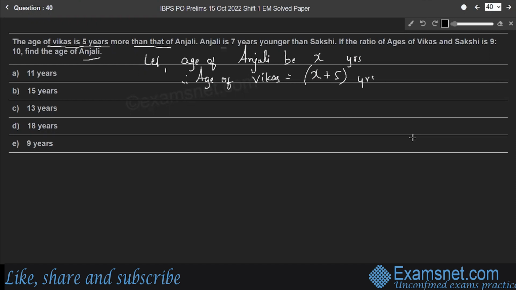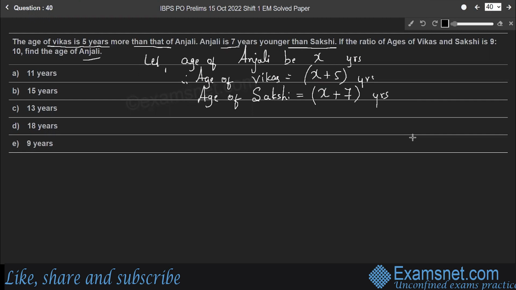Right? So Anjali is 7 years younger than Sakshi. So age of Sakshi is, since Anjali is 7 years younger than Sakshi, Sakshi's age minus 7, therefore age of Sakshi becomes X plus 7 years.